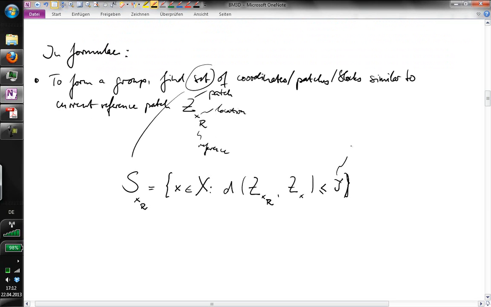So tau is a threshold, Z_xR is the reference patch, and Z_x is the patch at location x.